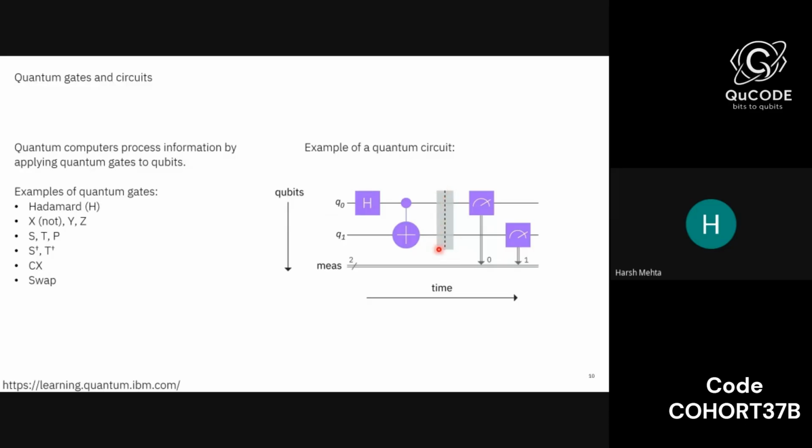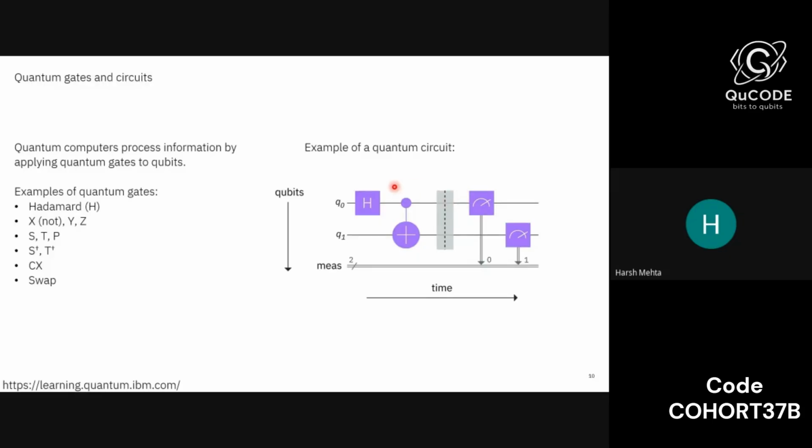Similarly, you can ignore this dotted or dashed line. This just represents an operational difference. Here you are applying quantum operations, and whatever you are doing after this dotted line are the measurements, and both are different, as we will see when I show you how to implement these things using Qiskit.